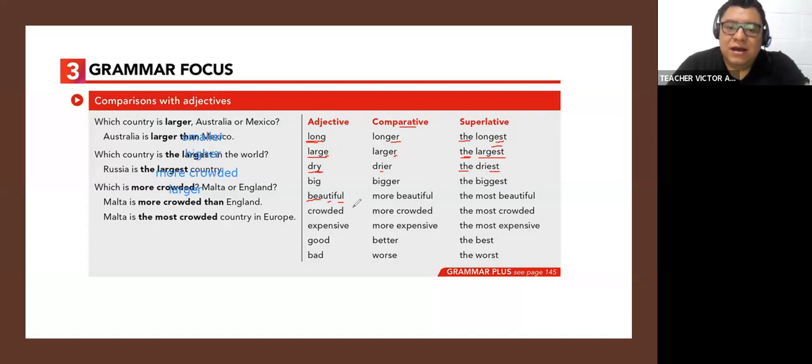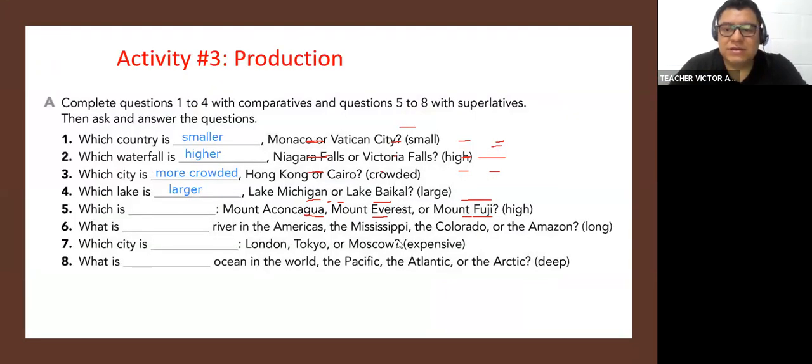Now, for other adjectives like beautiful, it's 3 syllable sounds. For comparatives, we use more, and then beautiful. And for superlatives, we use the most. The most beautiful, right? Maybe that was a confusion. For crowded here, we use more crowded or the most crowded. So once again, getting back to this part, it says high.